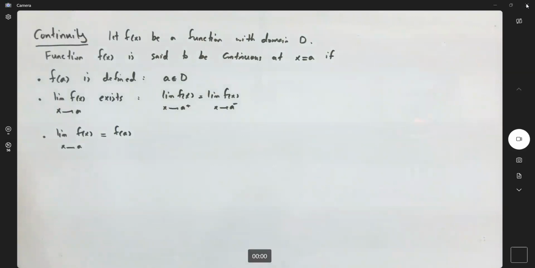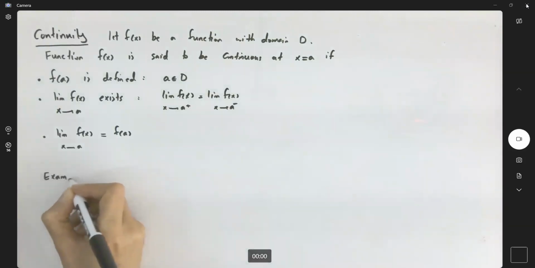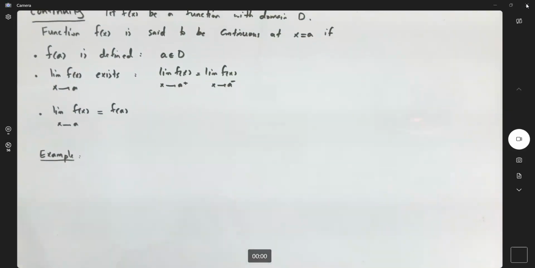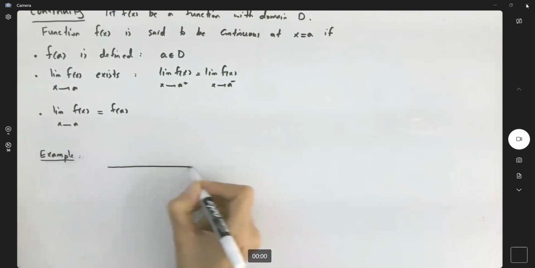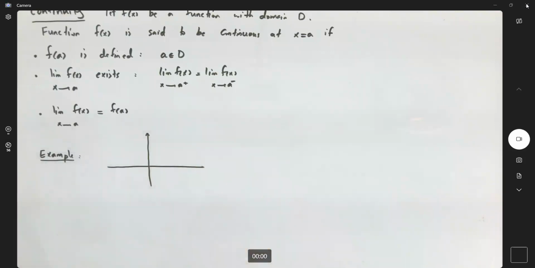Let us discuss continuity of some functions. Example. Suppose we have the following graph of the function f. You have your function with the given graph.